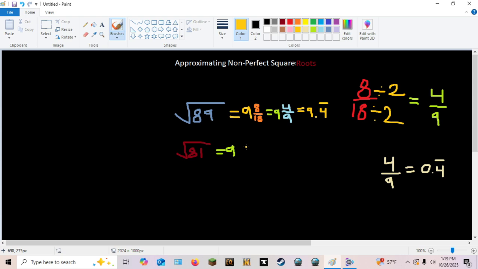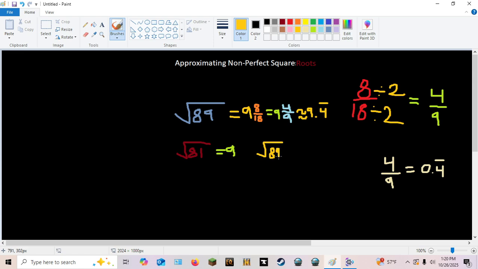I have my calculator ready. I don't know why I put the equal sign, but I should use the approximate sign. It's approximately, so that's why we use the approximate sign.